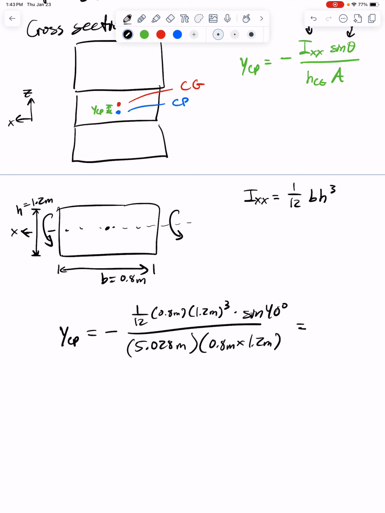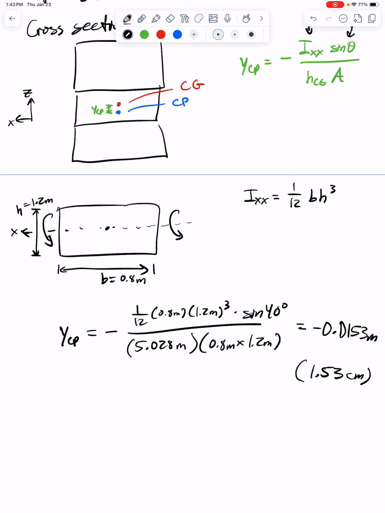So, what do we get? I get negative 0.0153 meters, which is about 1.53 centimeters away from your centroid.